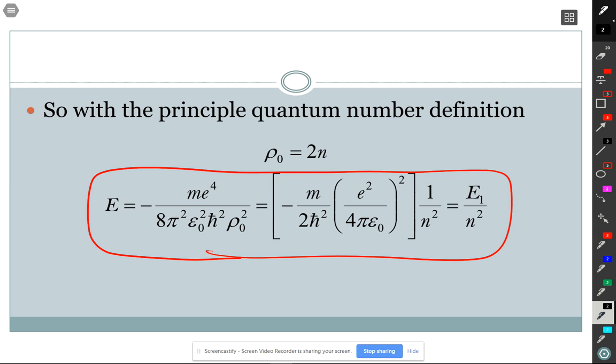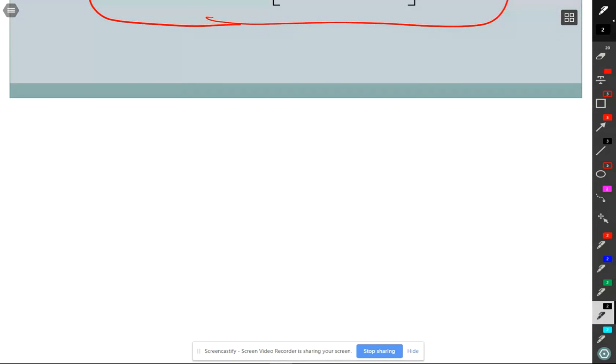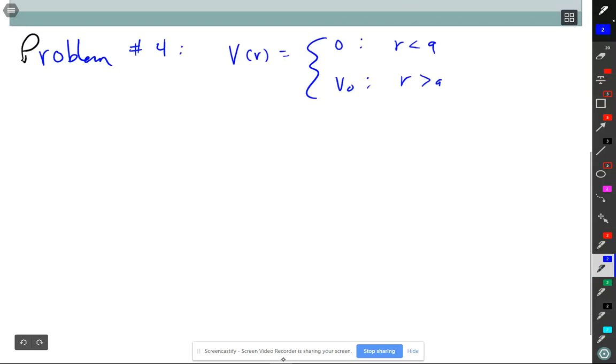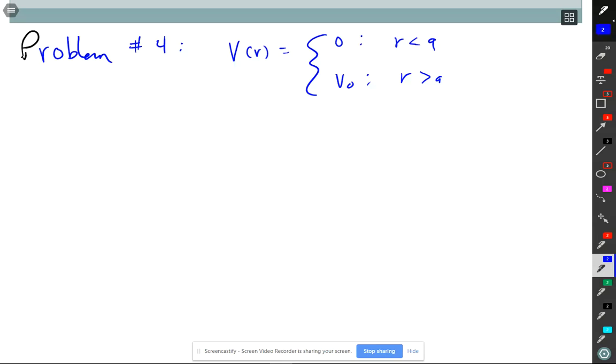Chad came this morning and asked me about problem 4. Is that the one you wanted to look at? Okay. So problem 4, we have basically this for a potential.